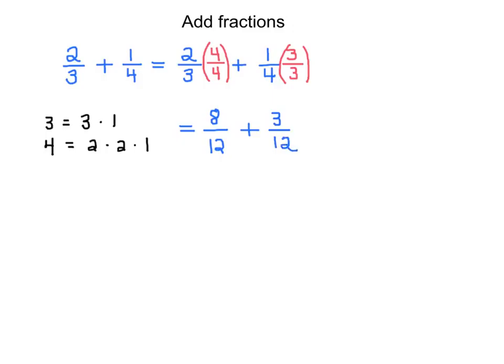Okay, we're halfway done because now our denominators are the same. If your denominators are the same, then you can add the fractions together, and what you do is add the numerators, 8 plus 3. And we end up with 8 plus 3 is 11, and our answer is 11/12. So here we have it, 2/3 plus 1/4 is equal to 11/12.